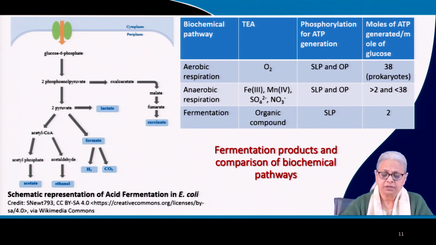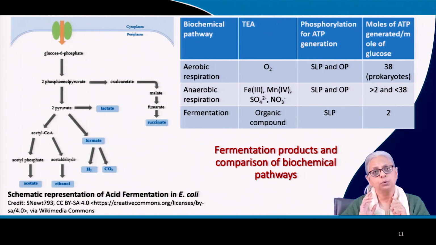Let me go to the next one, which is fermentation. This is substrate level phosphorylation, and there is no other phosphorylation for fermentation. If you remember the glycolysis process, only 2 ATP are generated directly, and the remaining is NADH, which has to go to the electron transport process. So in fermentation, you are left with only 2 ATP because that's the end point.